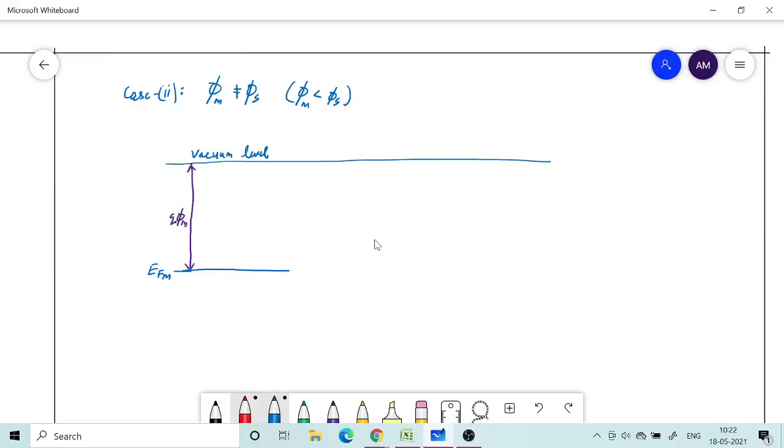Now, what is going to happen is, so this was the vacuum level. Now when I draw this Fermi level, since there is an insulator in between, there cannot be any current from one side to the other. As long as the insulator is in between, there cannot be any current.